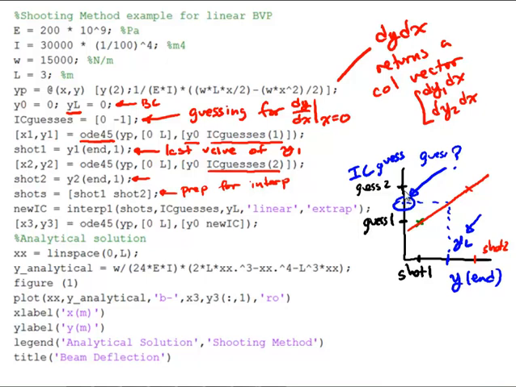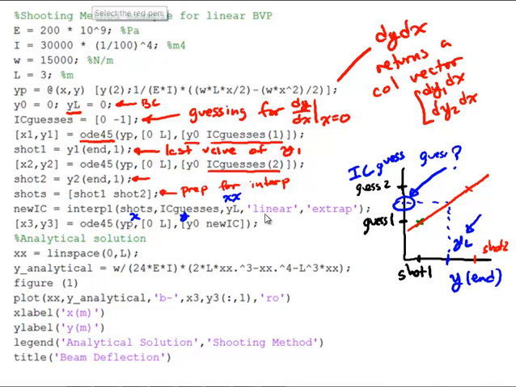For our call to the interp, our x value is the shots, our y value is our IC guesses, and our xx value, using the same generic variable names we used when we talked about interpolation, is the YL value.